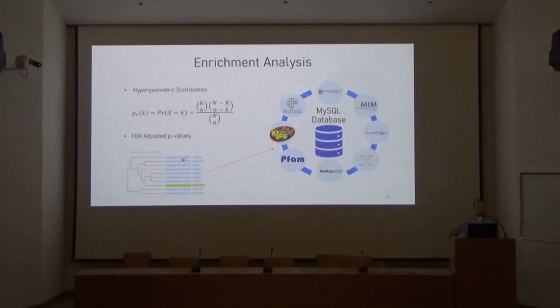A p-value shows us the probability that the term that we found as overrepresented has actually happened by chance. So the lower the p-value, the better confidence we get that this term is truly enriched for our co-expressed genes of interest.